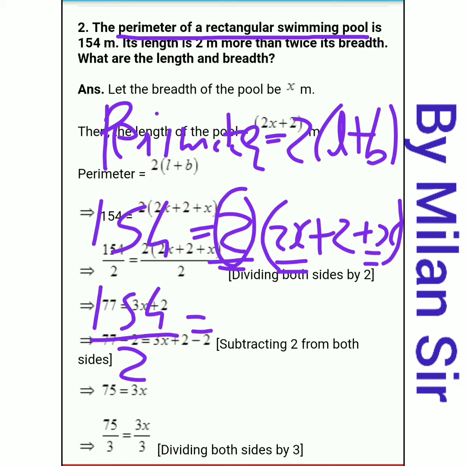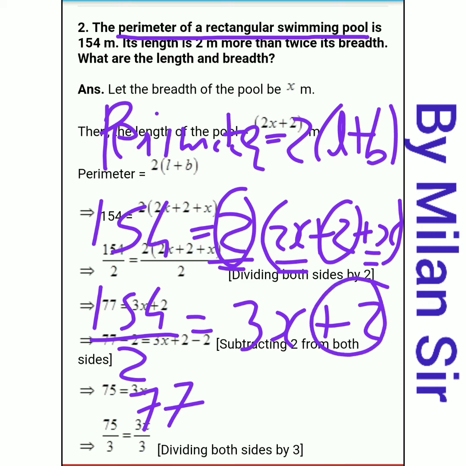So 2x and x are like terms, so 2x plus x, total 3x, and this plus 2 remains as it is. Now 154 divided by 2 is 77.